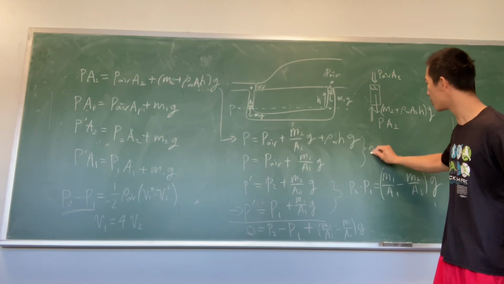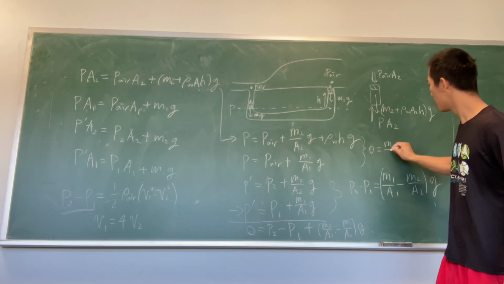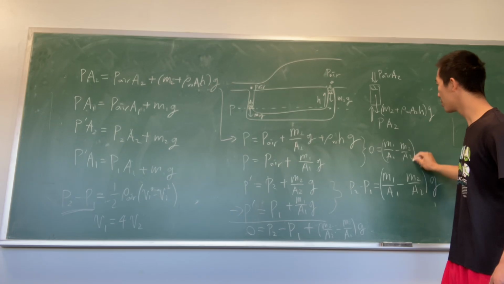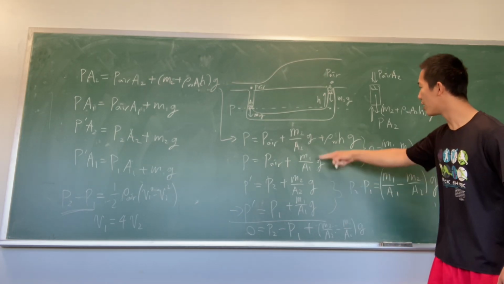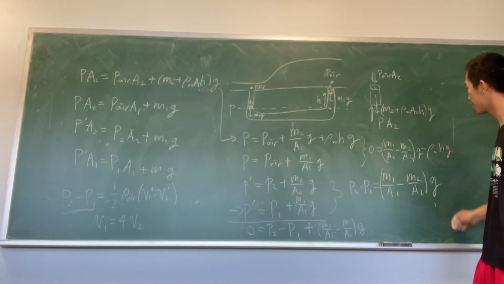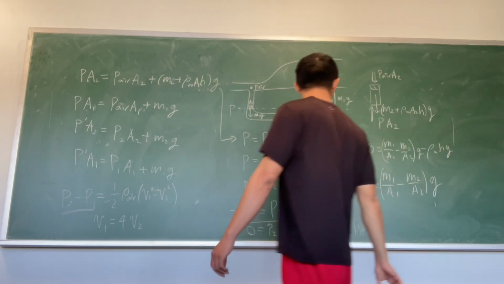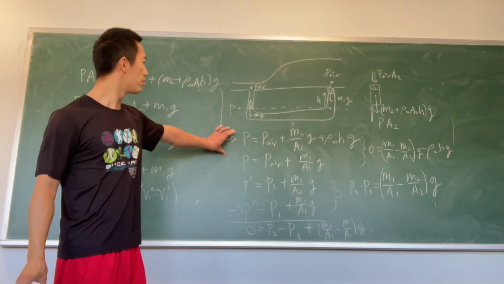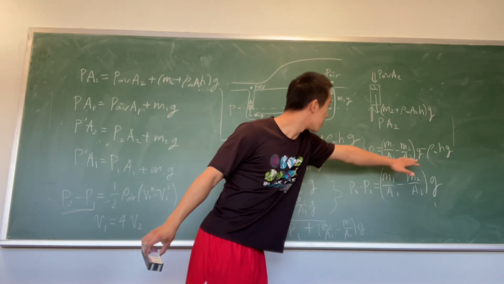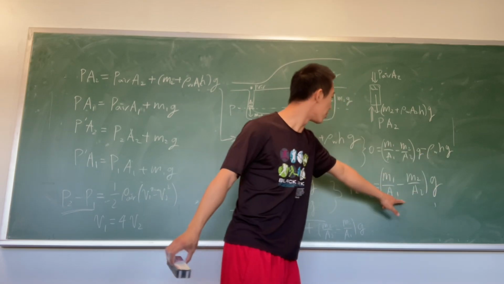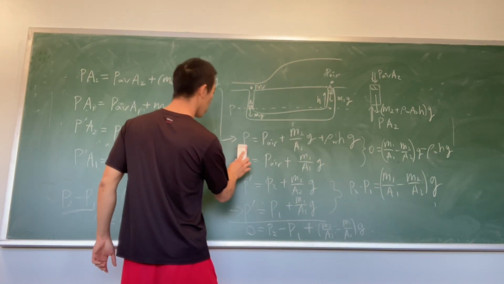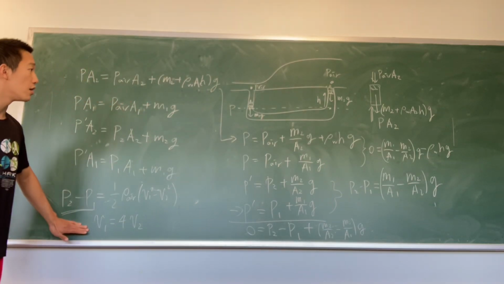So I get 0 equals 1 minus 2, because 1 minus 2, so this is negative, minus rho W H G. So from these two, I get this combination equals something related to the height of the water, and it also relates to the pressure difference. And I do know the pressure difference over here, so we're almost there.